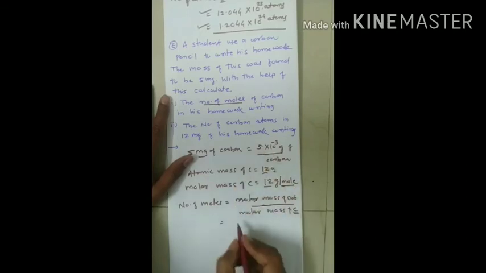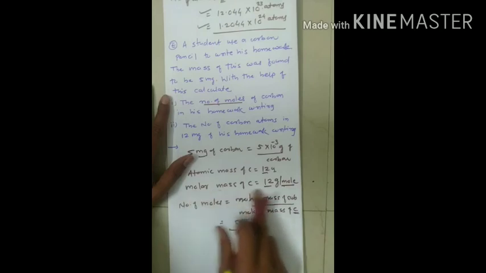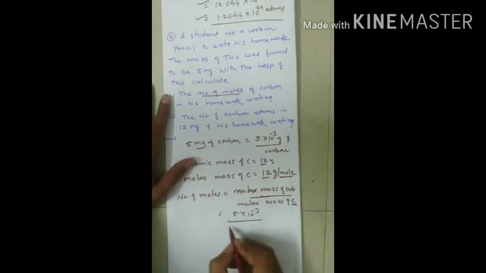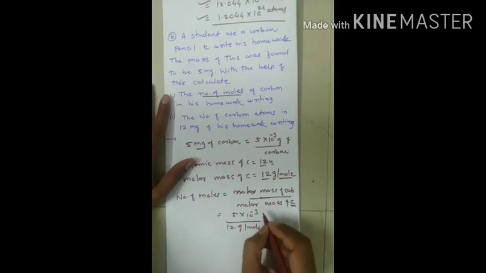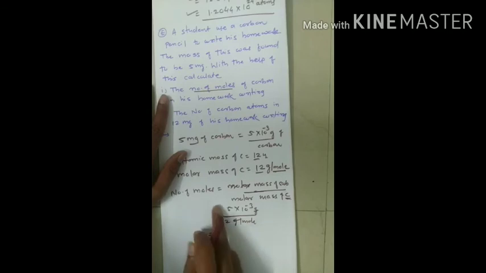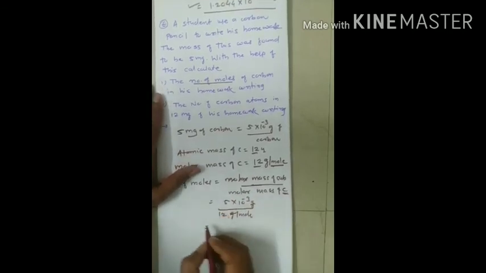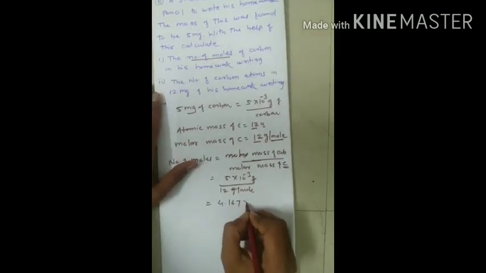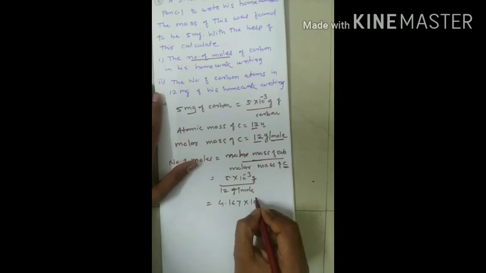It is 5 into 10 raised to minus 3, and the molar mass we have seen here is 12 gram per mole. This unit is also gram, so it will get cancelled out. If we solve it, 5 into 10 raised to minus 3 divided by 12, you will get the answer 4.167 into 10 raised to minus 4 mole.